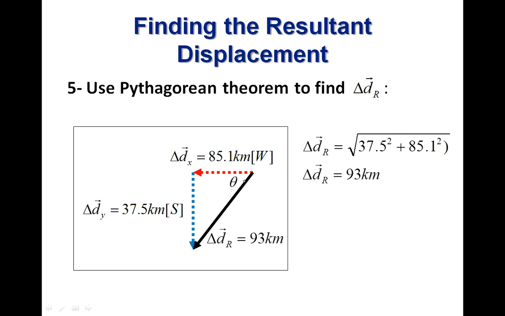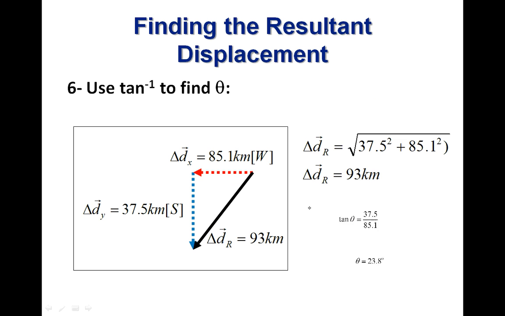So to get the size of the dr, it's 85.1 squared and 37.5 squared. And you end up with 93. Now, to get the angle, I'm going to be measuring the angle from the beginning and be using the opposite side and the adjacent side. So in this case, it's going to be 37.5 opposite over adjacent 85.1.